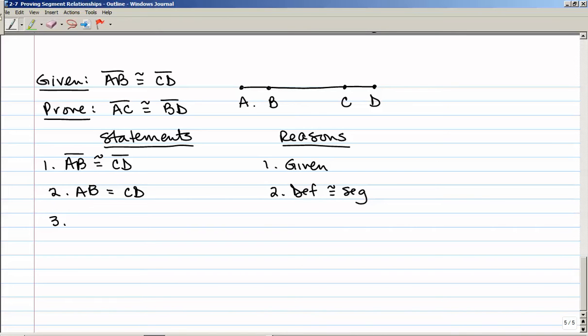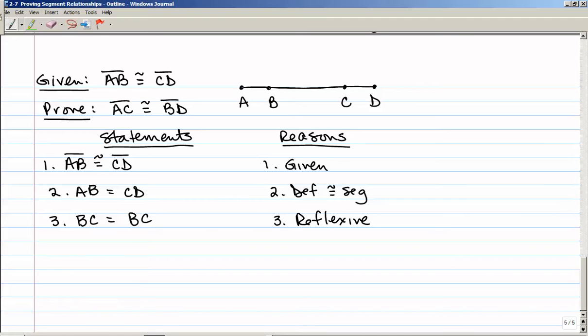I can see that I've got AB here, and I've got CD here, and I know that BC is going to be a part of each one of those. In fact, I think I'm going to want to add a BC on the left and add a BC on the right. Sometimes before I can actually do that, I need to state the obvious, which is that BC is equal to itself. And that's the reflexive property.